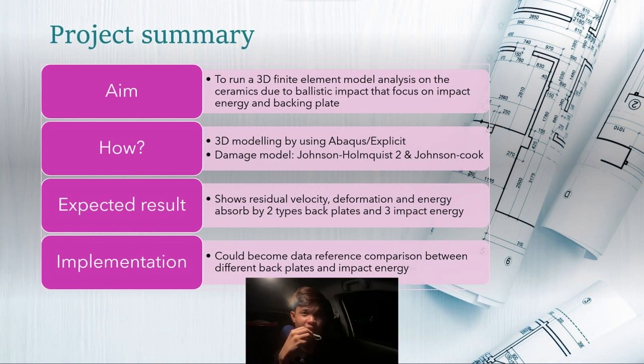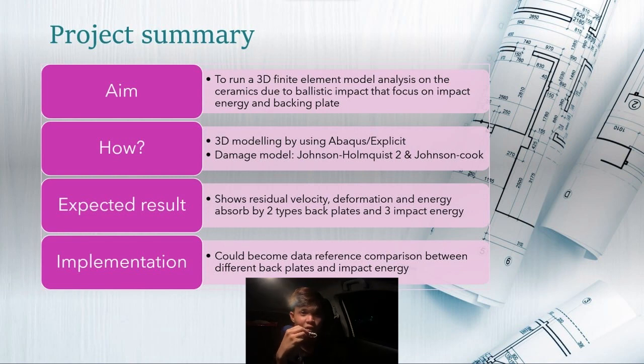This analysis will be fully conducted with 3D modeling using Abaqus Explicit as the main software. In this analysis, Johnson Holmquist 2, which is JH2, and Johnson Cook, which is JC, will be used as the damage models.